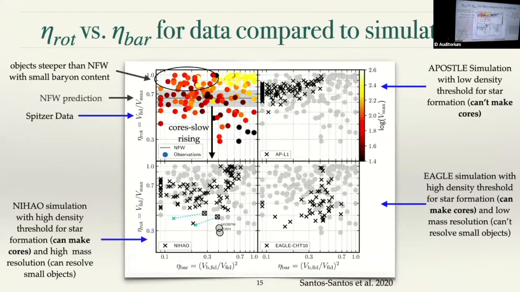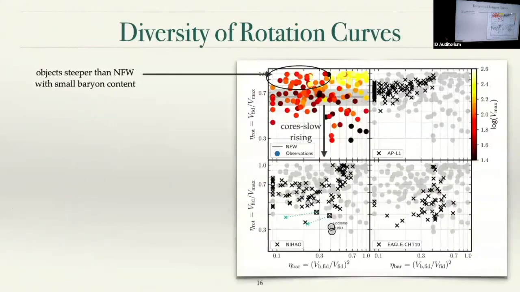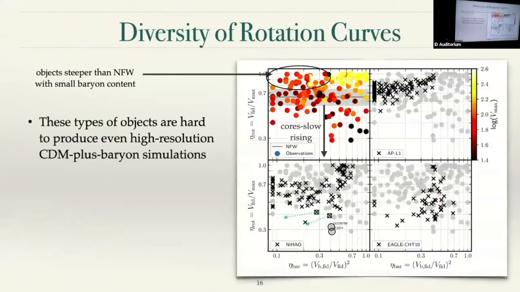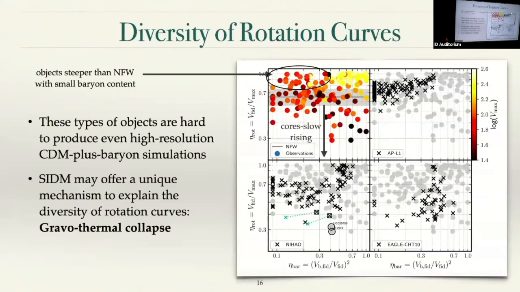However, these points, they have pretty small baryonic content. And so you can't get these from just including baryons and having adiabatic contraction. And these points are a real problem for even the CDM plus baryon paradigm. Okay, so as I just said, these objects are hard to produce in CDM plus baryon simulations.